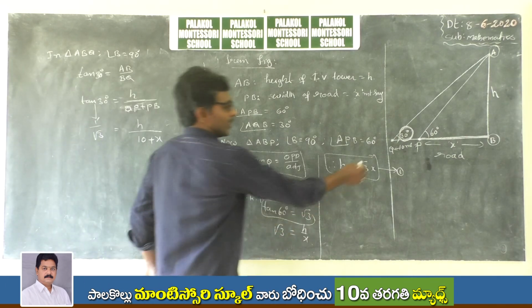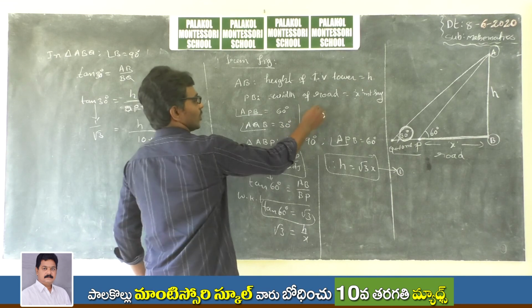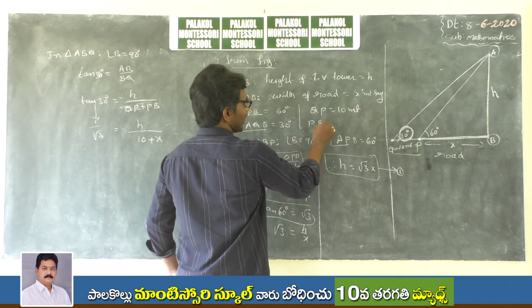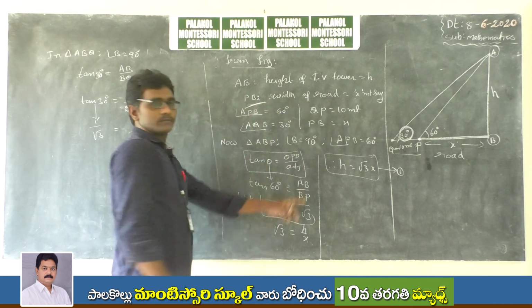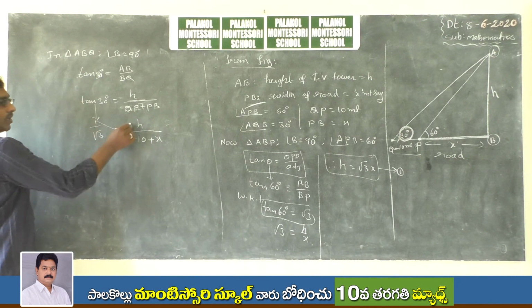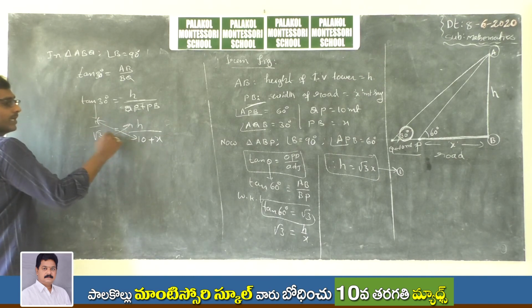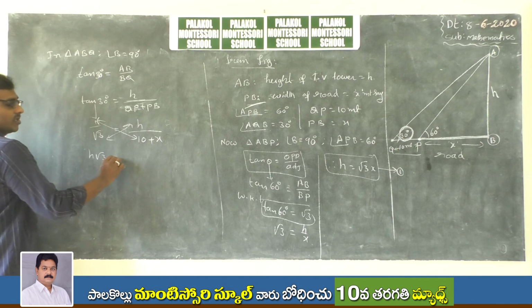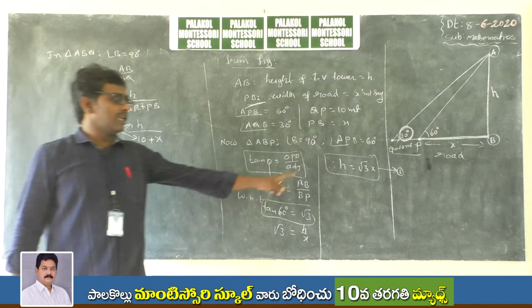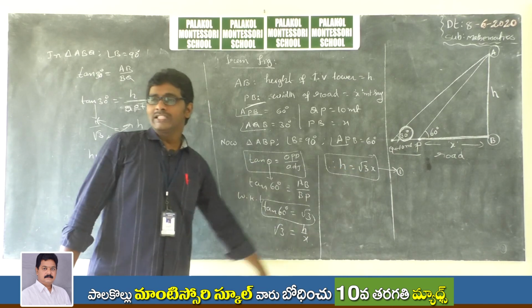According to this sum, QP is equal to 10 meters. PB is X, so 10 plus X. Now apply the cross multiplication method: H root 3 is equal to 10 plus X. From equation 1, H is root 3x.